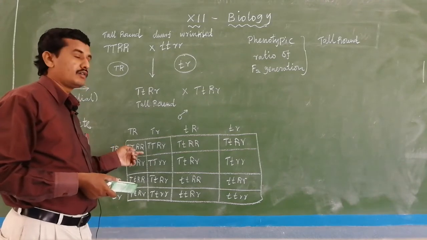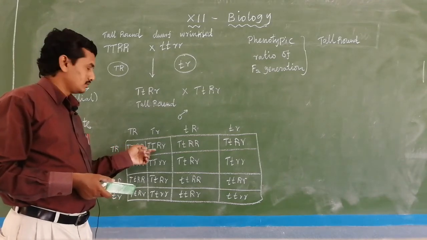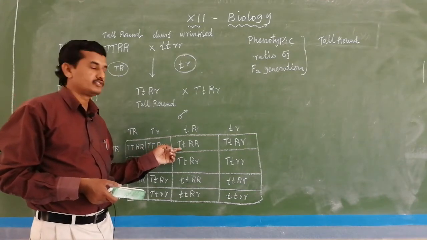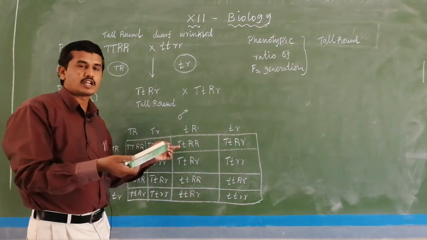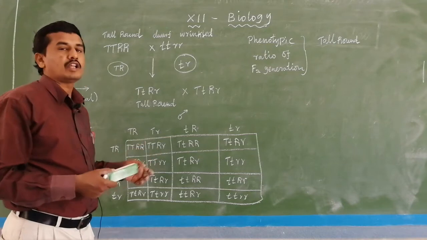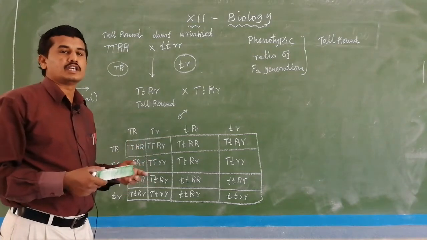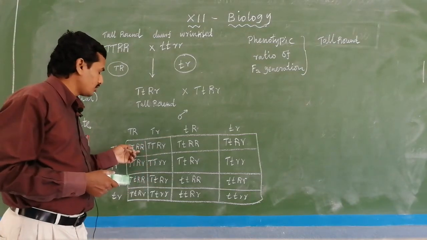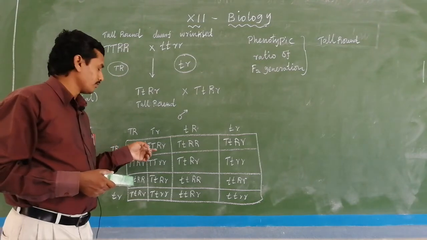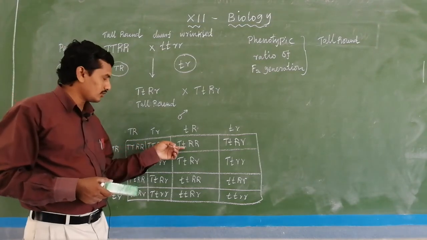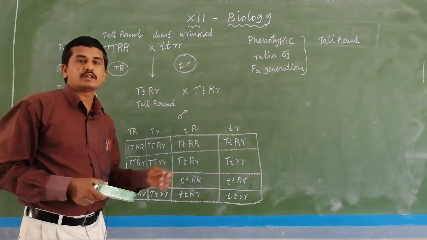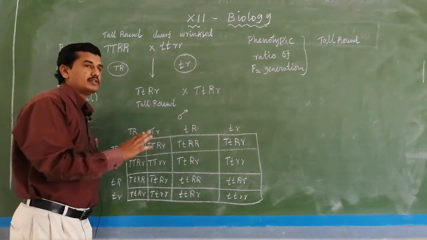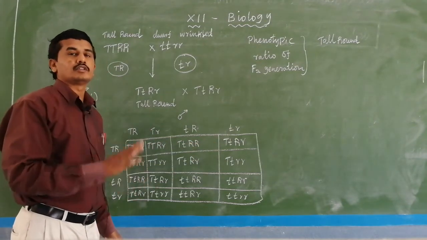This is tall round, this is tall round. Genetically it is different, but in phenotype we consider externally, morphologically: the plant produces round seeds and is tall. Here also tall plant with round seeds. Here also tall plant with round seeds. So, tall plants producing round seeds, how many?